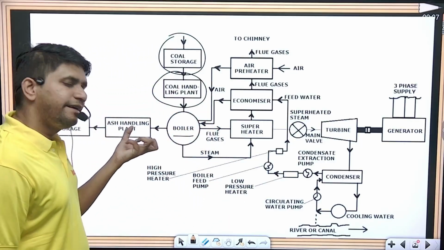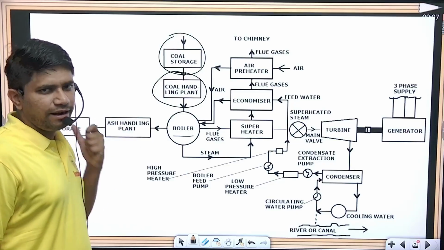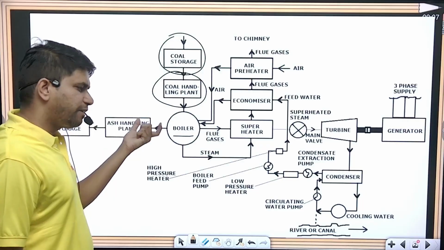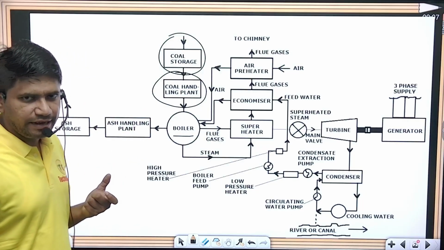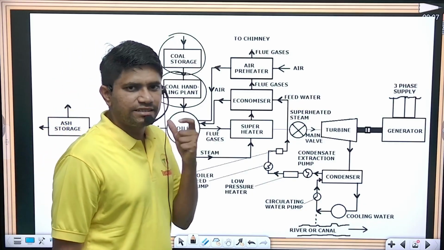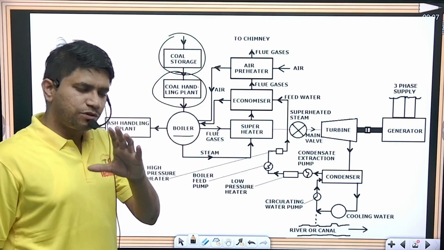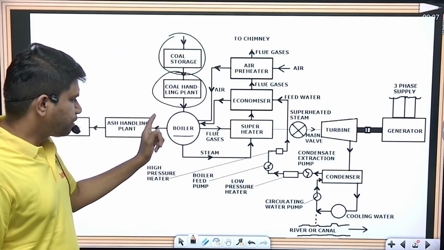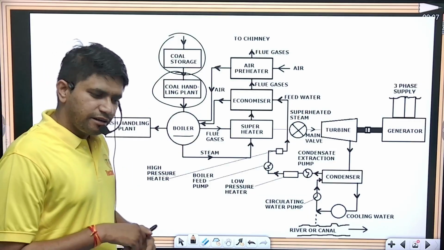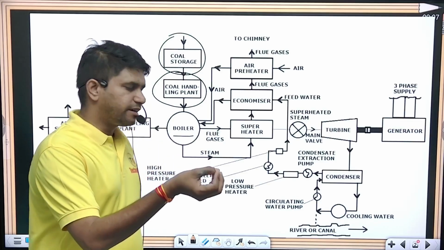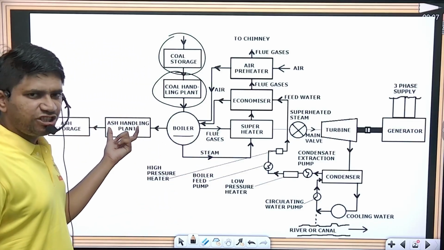That will be handled by the ash handling plant and will be transferred to the ash storage. Please tell me, is this point clear or not? So what we have understood till now is that the coal handling plant provides heat to the boiler, and the outcome of the combustion, which is the ash, is taken care of by the ash handling plant.